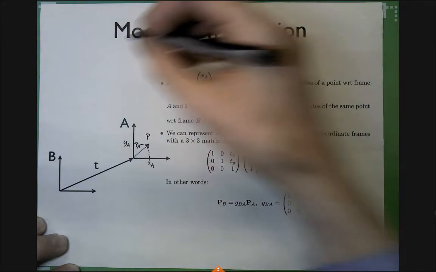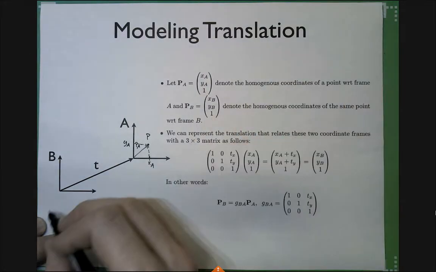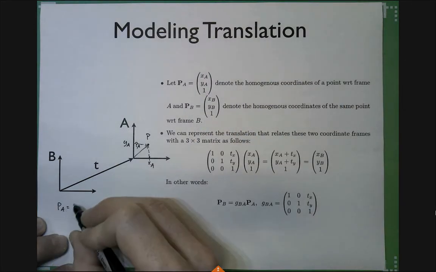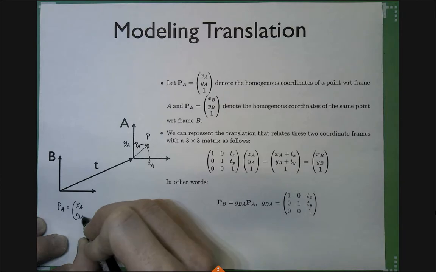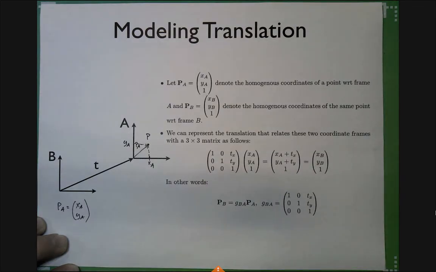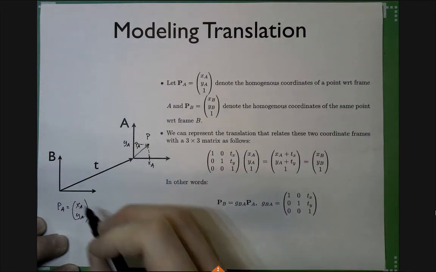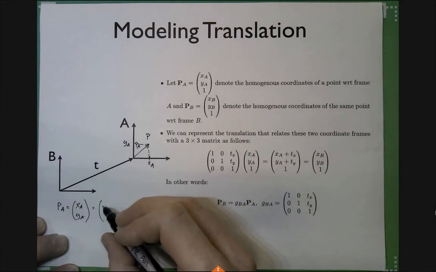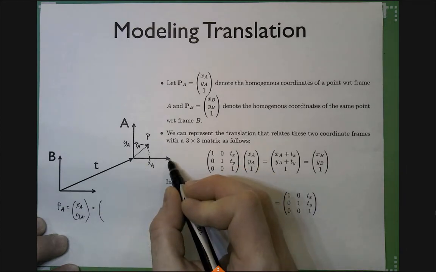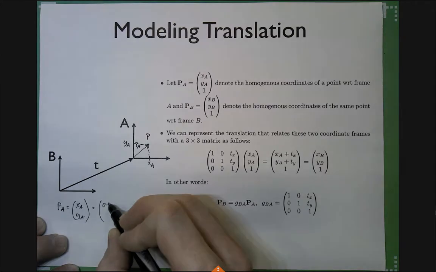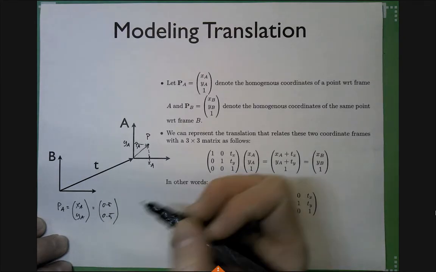PA is XA, YA. Let's give it some real numbers to get more of an intuition. If this was a unit length vector, this would be like 0.5, 0.5, right?